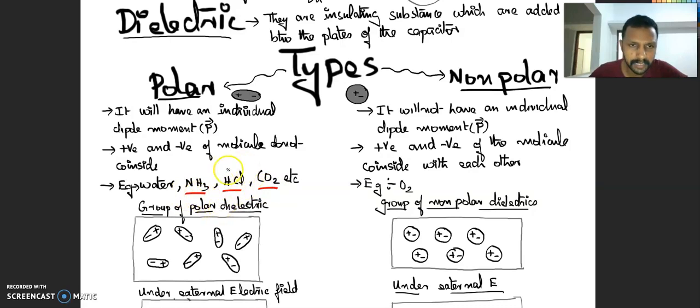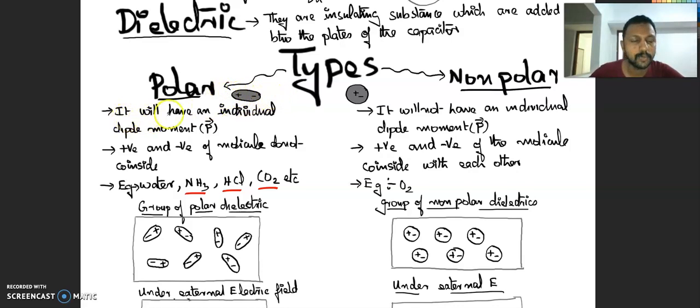If we are considering the HCl molecule, the hydrogen will be positive and chlorine will be negative. That is, in a polar dielectric, the net charge of that molecule will be neutral, but positive charge will be on one side and negative charge on the other side.